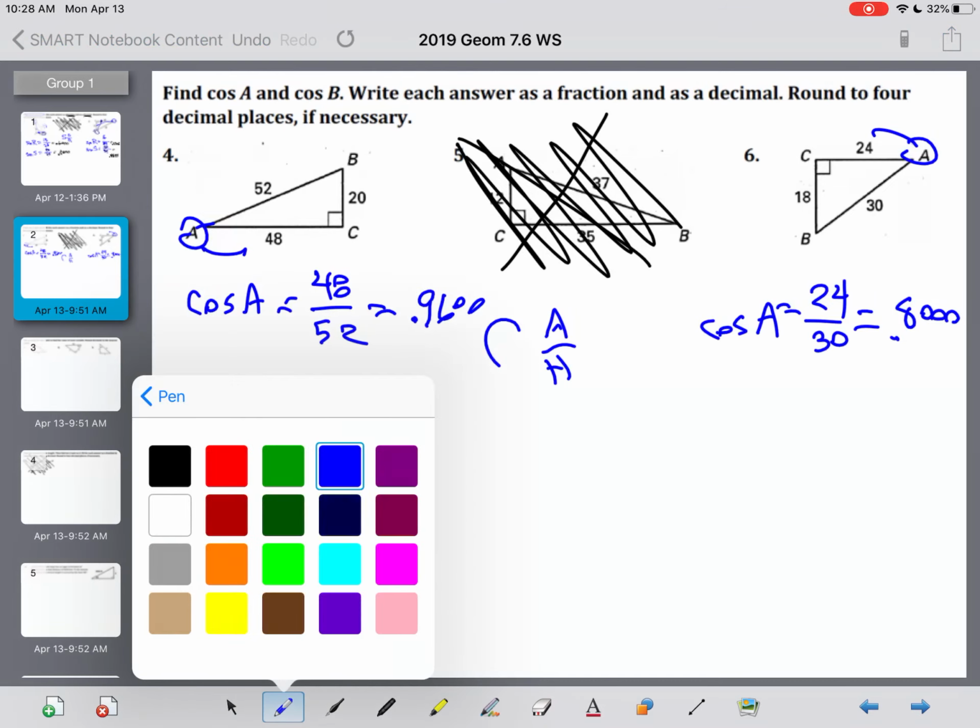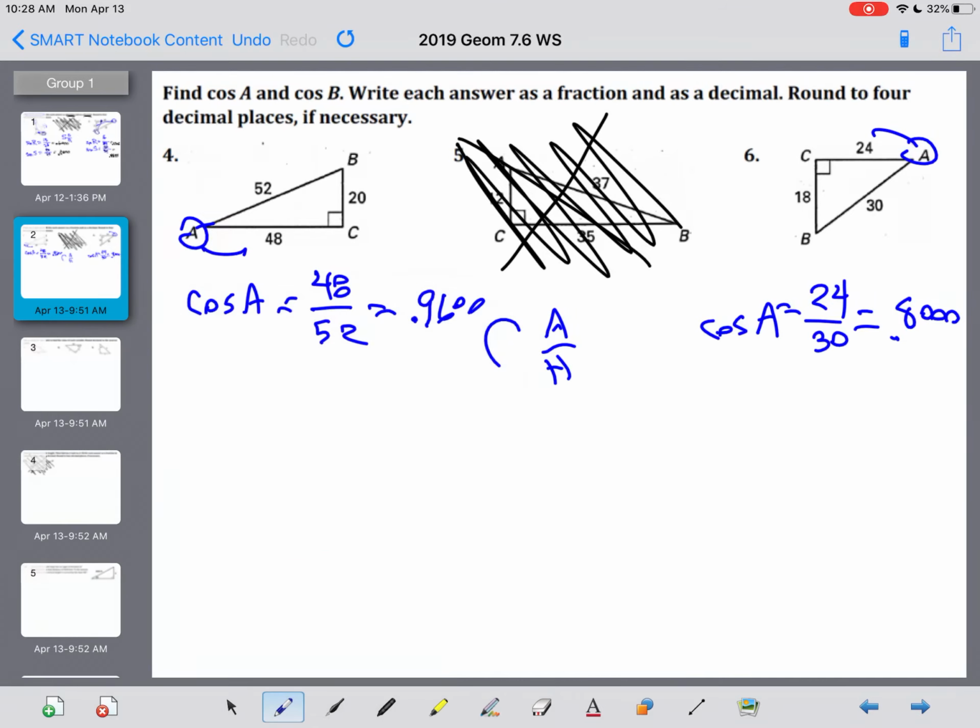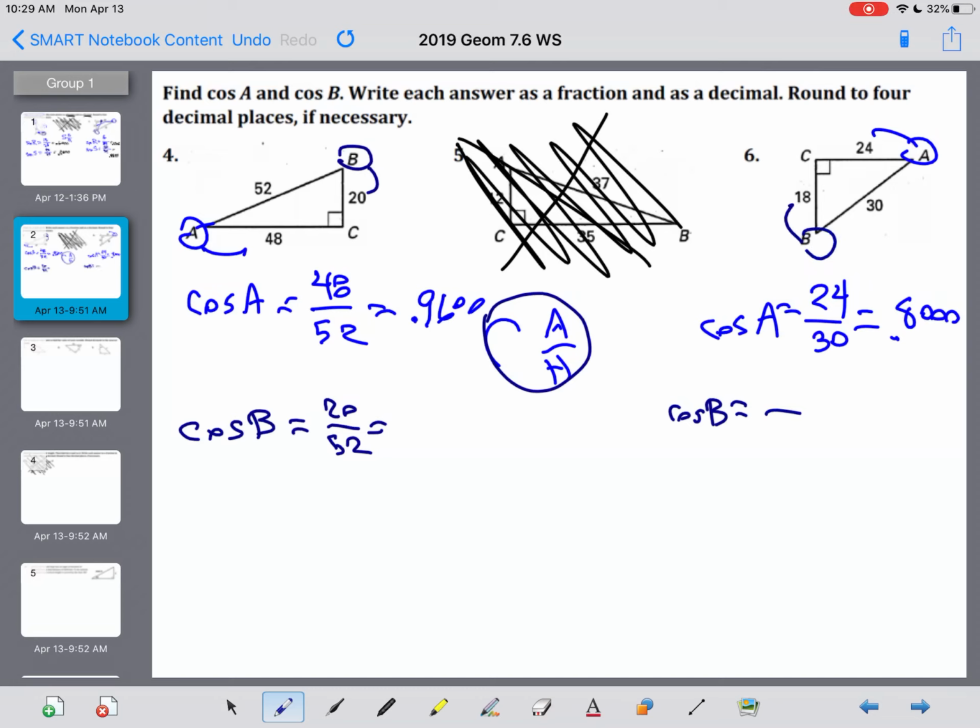So now if we go ahead and do the second part to each of these problems, I'm going to find the cosine of b. Again, I'm using this. So here's b, here's my adjacent, so I get 20 over 52. Over here, my cosine of b is right here, so my adjacent is 18 over 30.